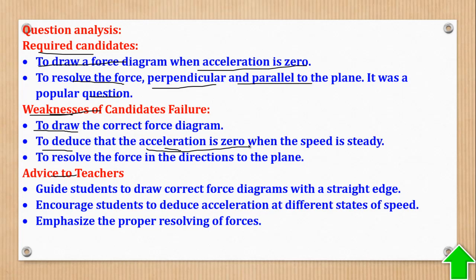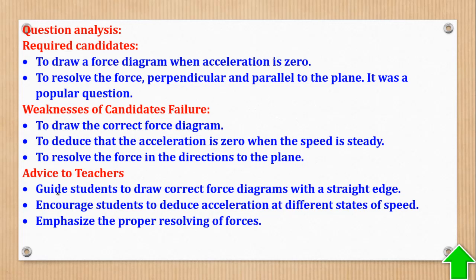Each time they say speed is uniform or constant or steady, acceleration must be 0. Then also failure to resolve in the directions of the plane. We no longer resolve vertically and horizontally. When it comes to inclined planes, we resolve parallel to the plane and perpendicular to the plane.